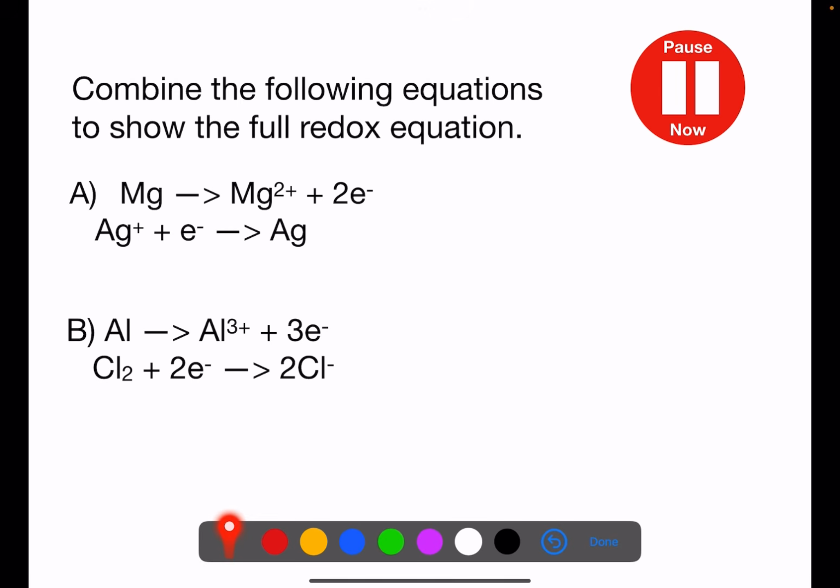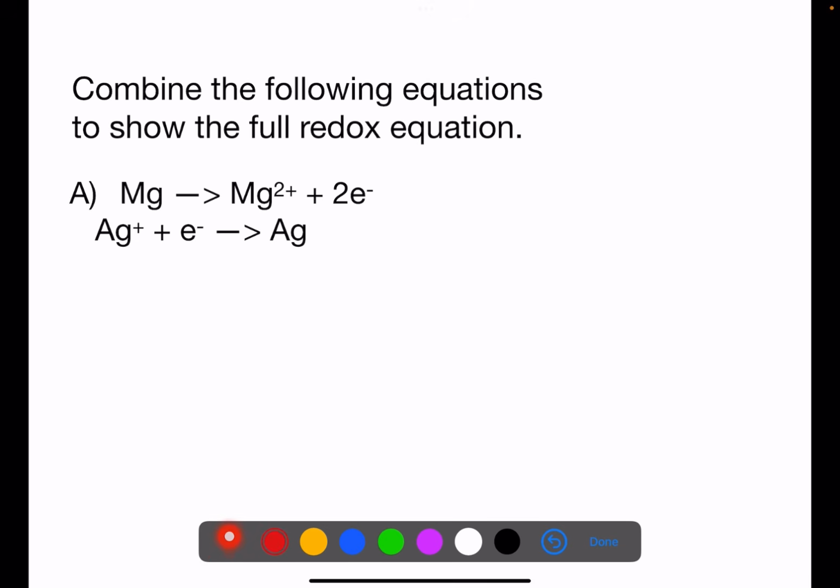Combine the following equations to show the full redox equation. In this first example, we have 2 electrons in the first equation and only 1 in the second. So we're going to multiply the second equation by 2 before combining.